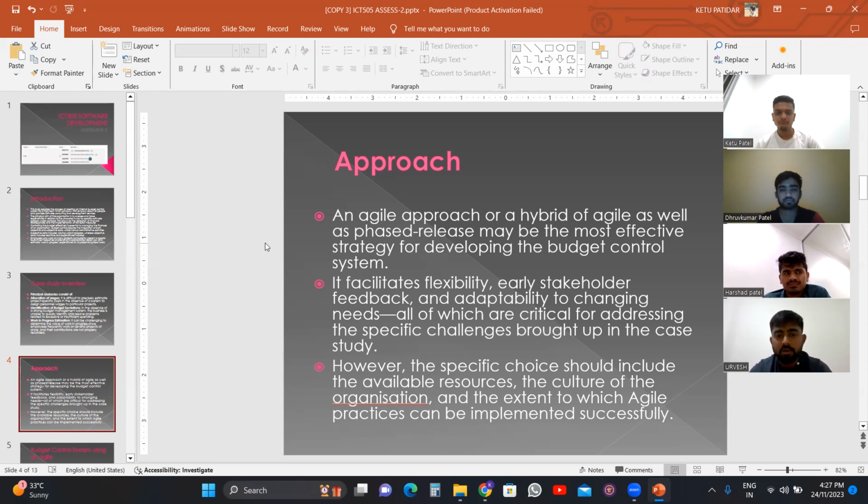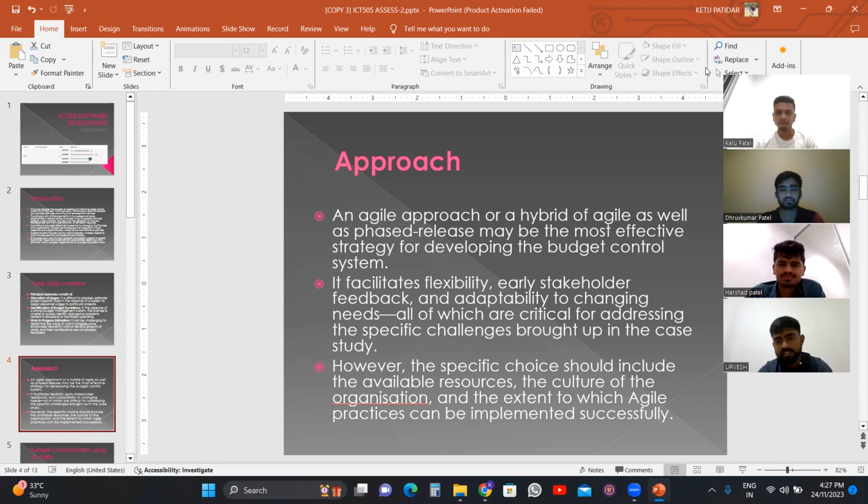So this is the budget control system, because sometimes the customers come and say this is more expenditure, so you need to control it. In this facility, we say the agile process is very beneficial. Flexible, early stakeholder feedback, adaptivity, and changing needs are all critical to addressing the specific challenges brought up in the case study.